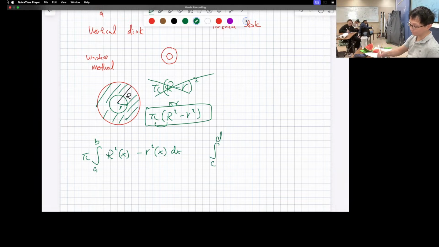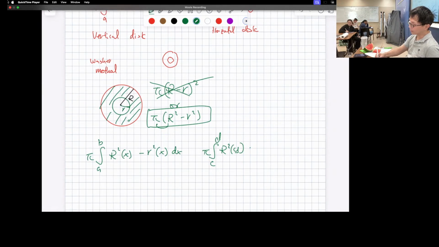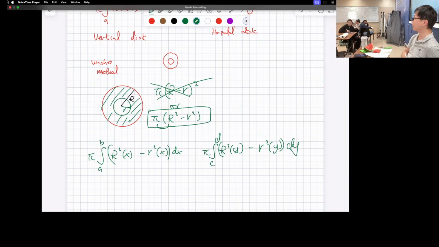Remember, they can have different values. Pi, and then it's going to be R squared of y, which means a function in terms of y. So you could have x equal to y plus 2 or x equal to y squared, just like what we did yesterday, minus r squared of y dy. And put a parenthesis around here if you want to, because usually you need another parenthesis there.